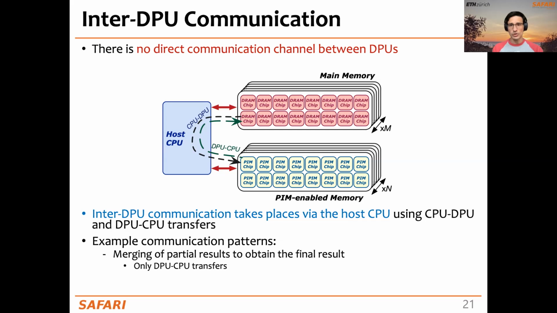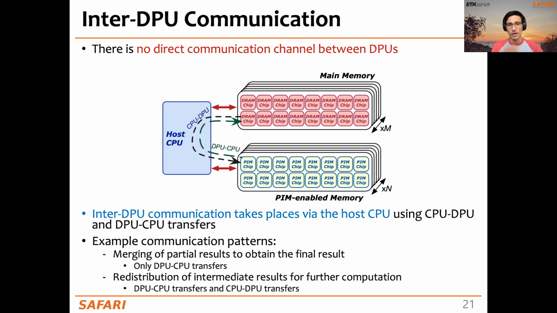Imagine, for example, the case where we are creating a histogram in multiple DPUs at the same time, and after having computed local per-DPU histograms, we send all these subhistograms, or local histograms, to the main memory, and then we have the CPU performing a final reduction and obtaining the final histogram.